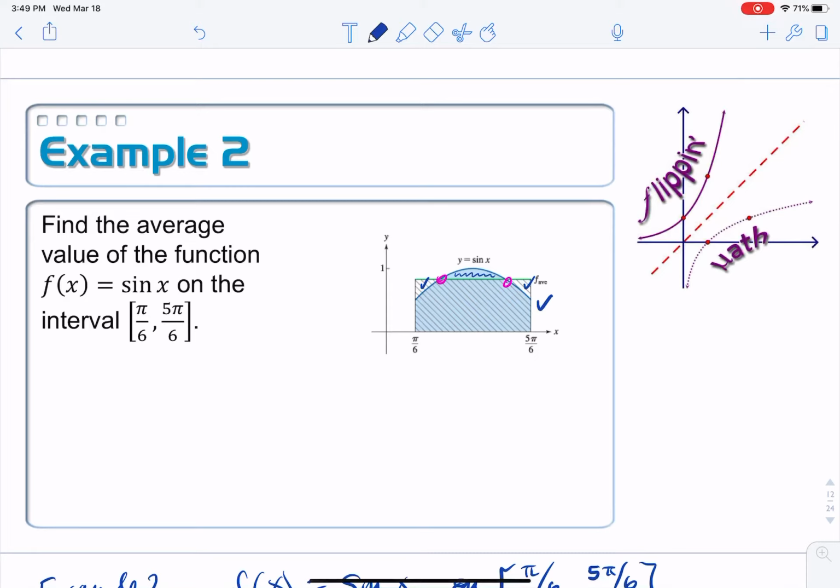Now, rectangles are supposed to be what we use to approximate the area, and we're saying that it's exactly equal to the area underneath the curve. It's very similar to the MVT for derivatives. We usually use the slope of a secant line to approximate a tangent line, and we're saying that it is exactly equal to the tangent line at some point on that interval. That was the MVT as we're used to seeing it.